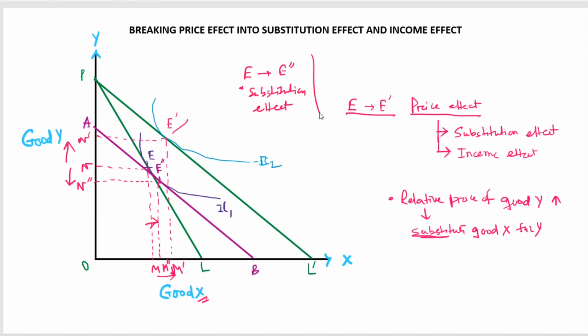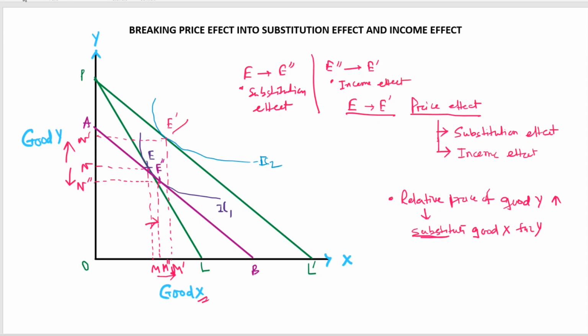And the second movement occurs when we return the income which has been taken from the consumer earlier, and the consumer then moves from E double prime to E prime. And this is because of the income effect.